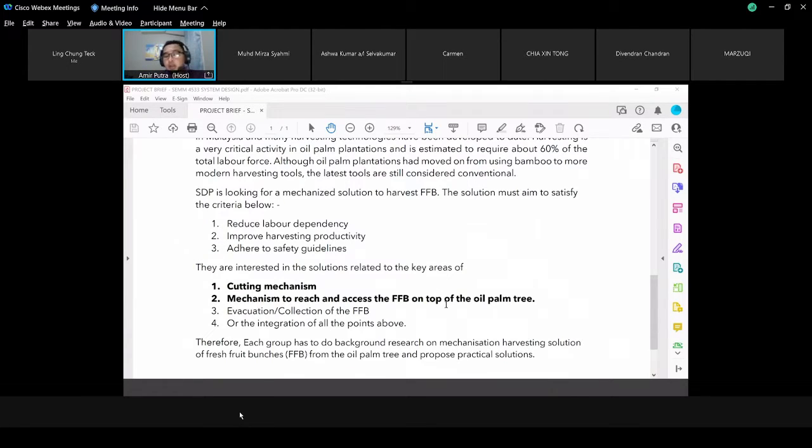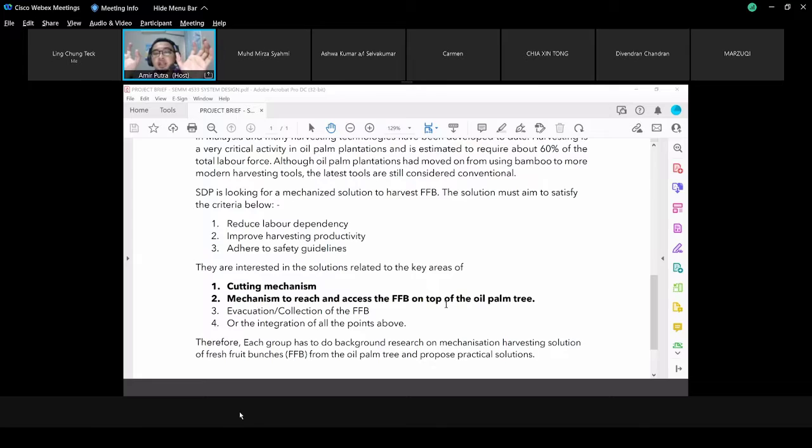The second one you might consider, this one or not, and or. If your group focuses on the cutting mechanism only, then you focus on that part. If another group would like to focus on the mechanism to reach the FFB on top of the oil palm tree, then you can propose your solution as well. It's a different approach.